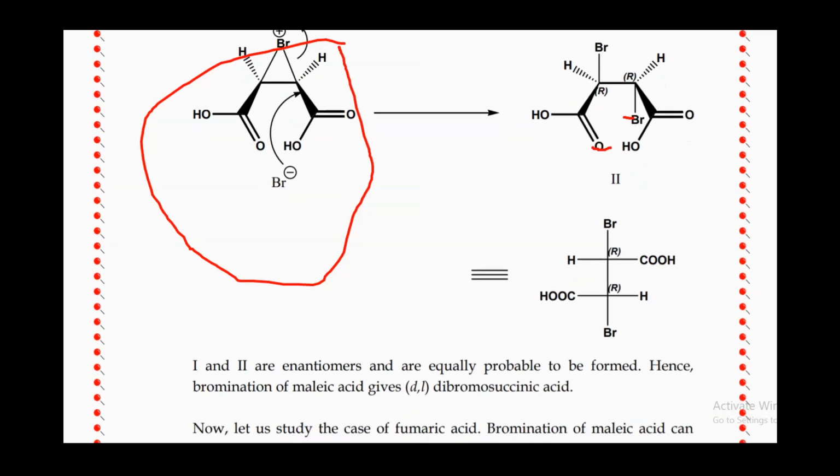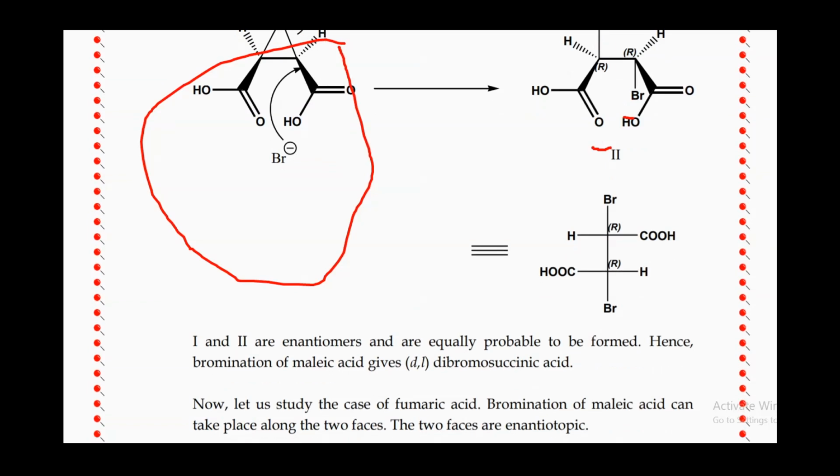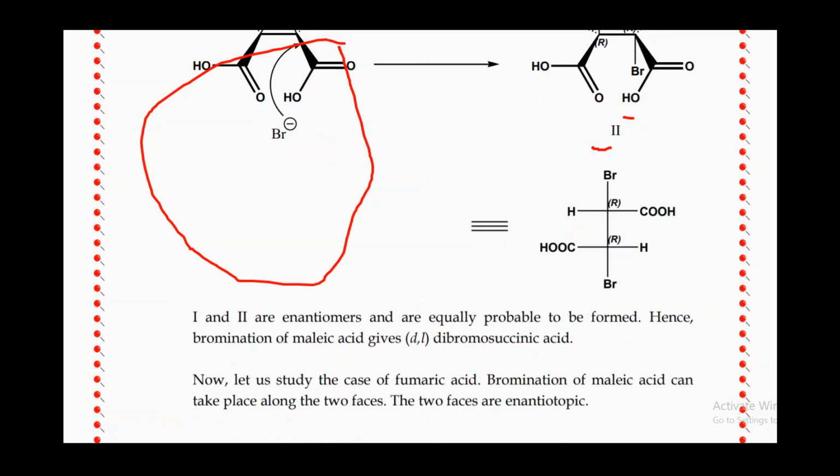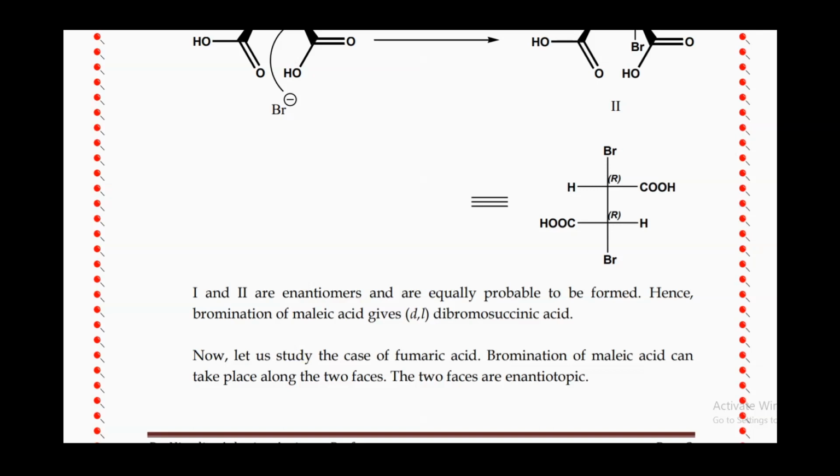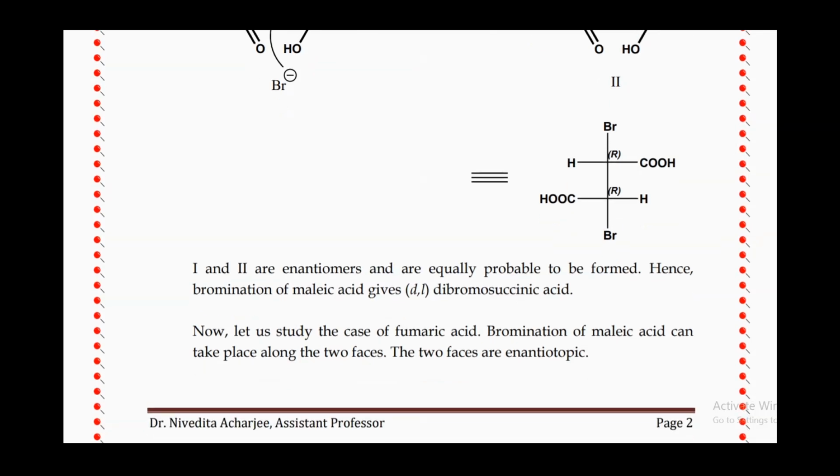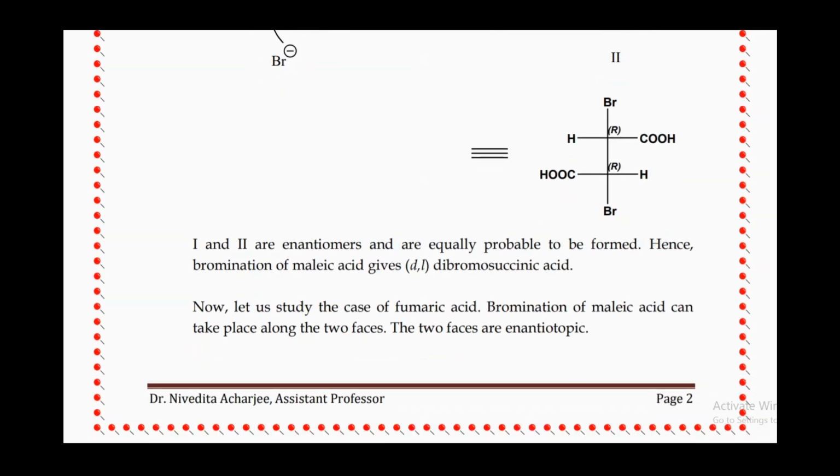Now 1 and 2, as you can see, these are the enantiomers of each other, and the point here is that since it is the formation of the enantiomers with the RR as well as the SS, and these are equally probable to be formed, the bromination of the maleic acid results in the DL mixture as it is shown here with the dibromosuccinic acid, because we are getting the two enantiomers in this case.